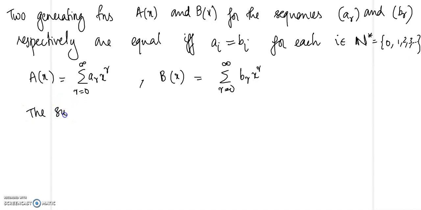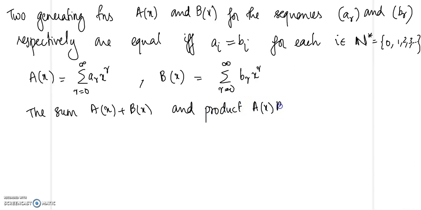So the sum A(x) plus B(x) and the product A(x) into B(x) are defined by a series of the form.